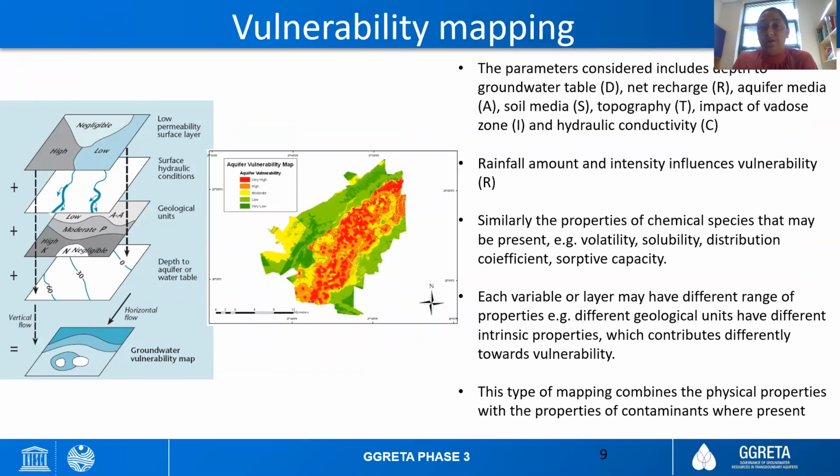As an example, vulnerability mapping. One of the most commonly used vulnerability mapping methods is DRASTIC.